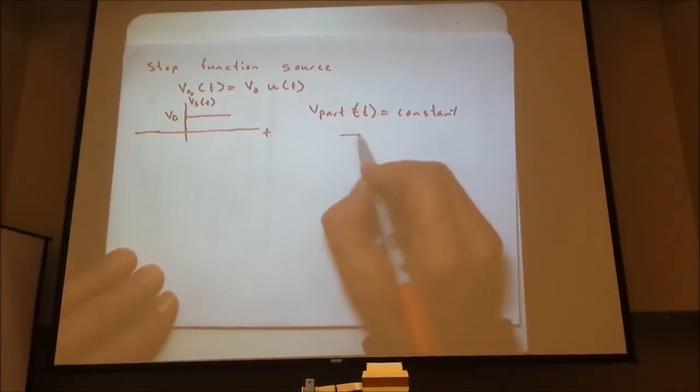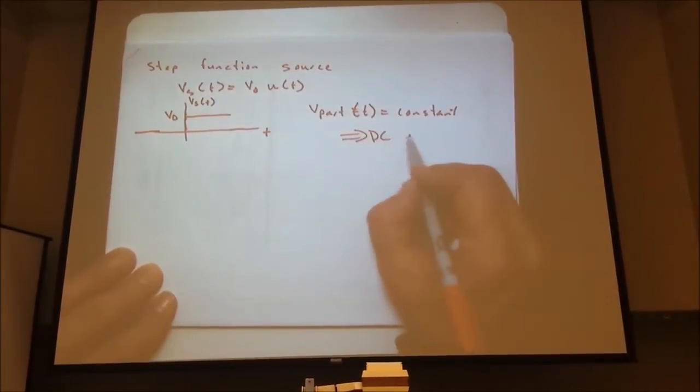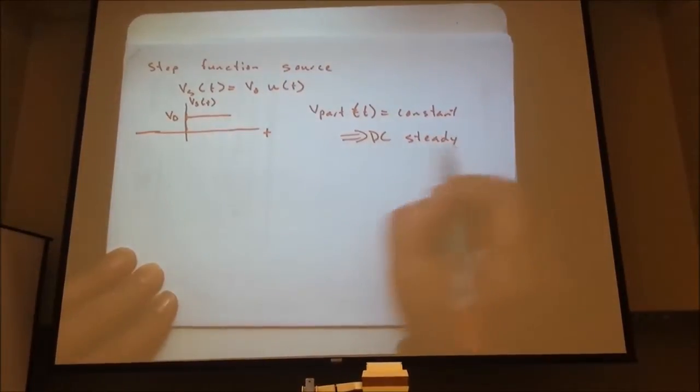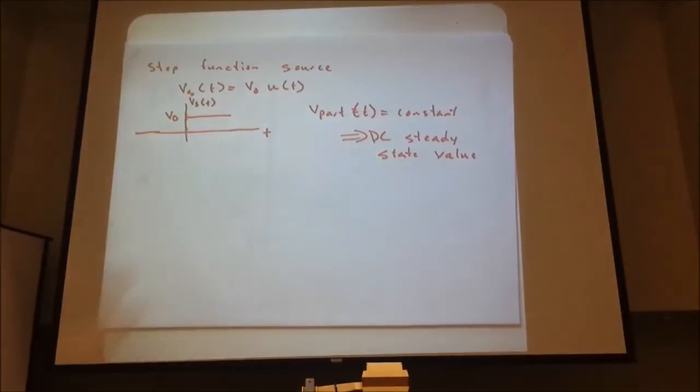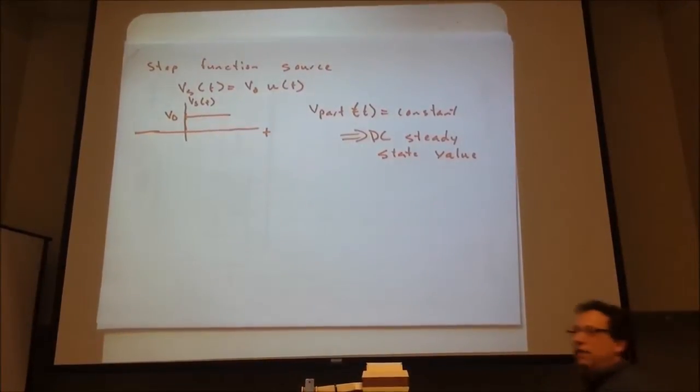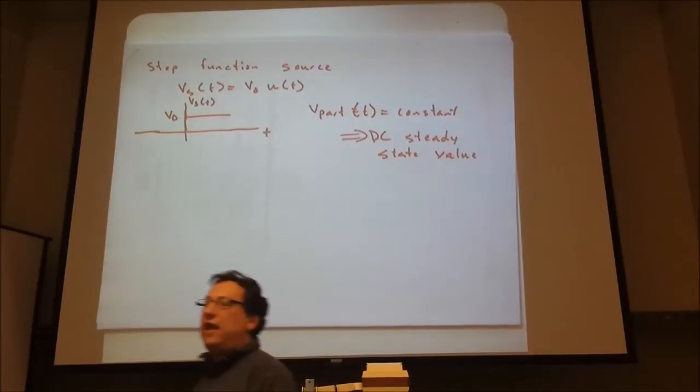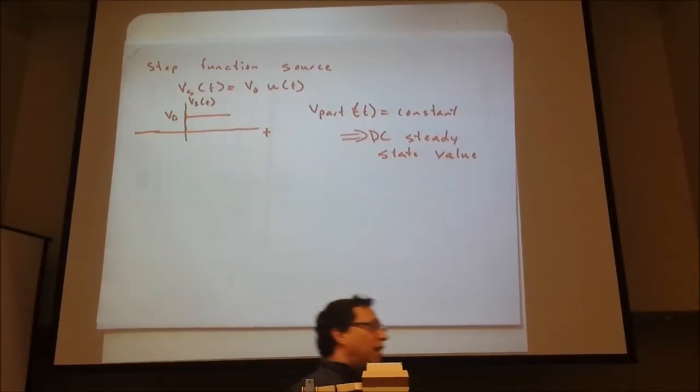And so our form takes a constant, which in this case corresponds to the DC steady state. You can get that directly from the circuit analysis. That's one of the advantages of the step function, its relative simplicity in terms of analysis. And we did all that in the last class.